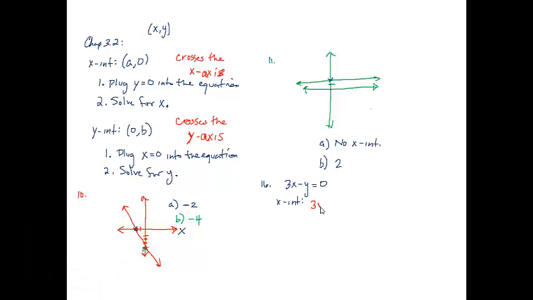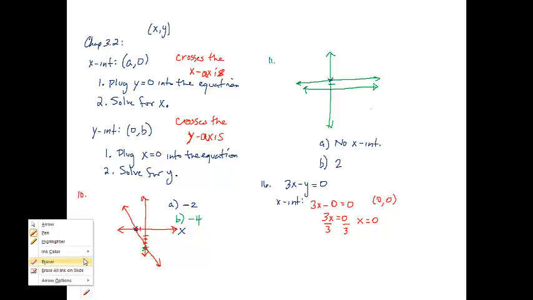So it's 3x minus 0 equals 0, which means I have 3x equals 0. Divide by 3, divide by 3, and I end up with x equals 0. So the x-intercept is 0, 0.